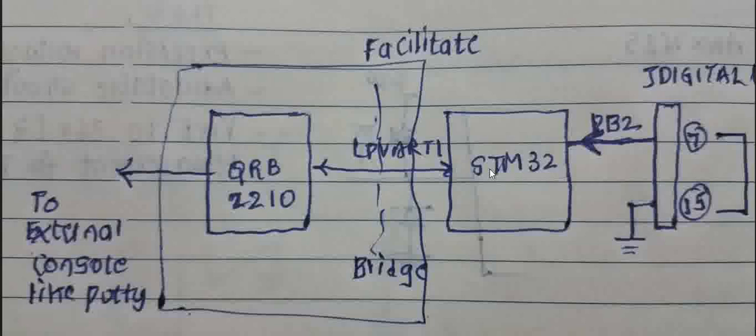We send the button status to the external console. So how the external console works is, in the STM32, we can route the data to the UART, to the J digital connector, and use a UART to USB connection, and then read the serial data.